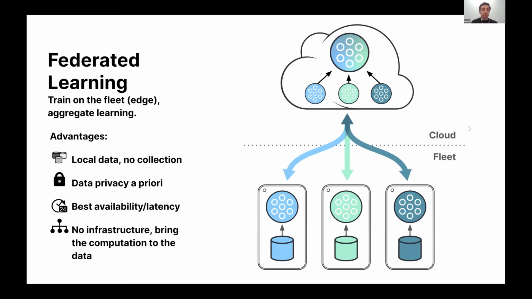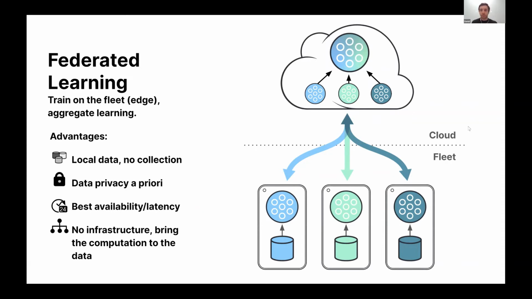Federated learning is a bit of an extreme case because it moves all of the training really to the edge and to edge devices. But there are multiple hybrid approaches between federated learning on the one hand and centralized training in the cloud on the other hand. So there are cases where we have, for example, a little bit of data in the cloud, and we use that data to pre-train the model and then only move to the edge to refine the model.